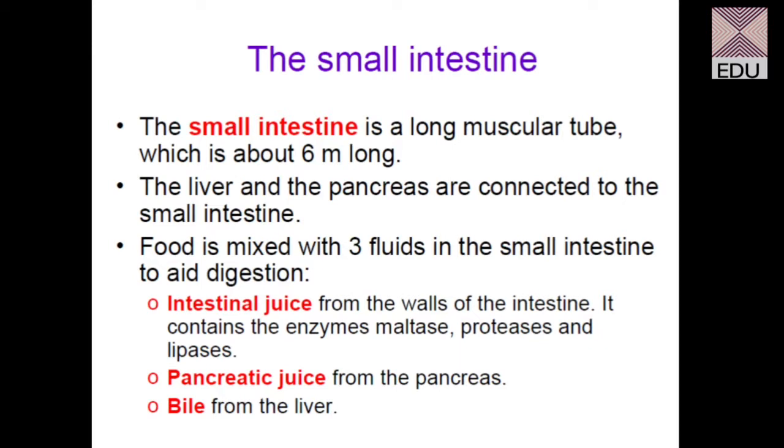All these enzymes together digest the food to the smallest possible fractions that can be absorbed into the blood. So the final digestion and the absorption take place in the small intestine.